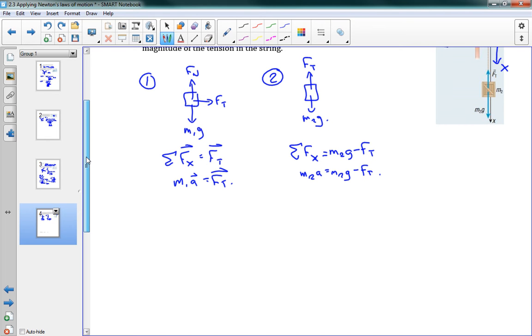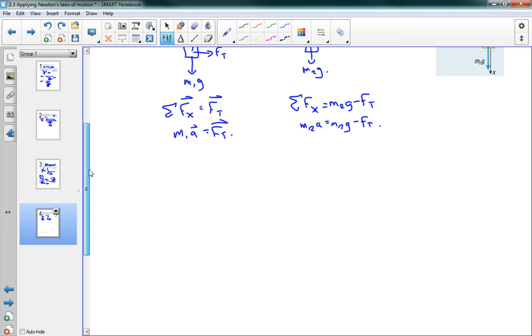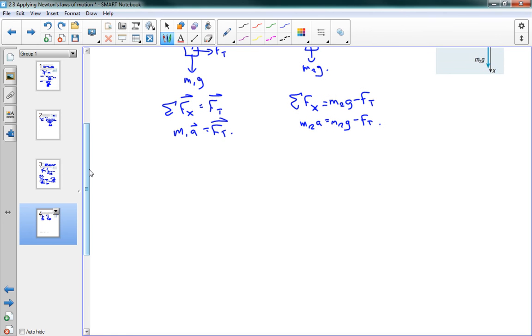I did all sorts of vector arrows here. I probably should have left those off. I'm just going to leave those off for the rest of the problem. But now you can see we have tension on the left. We have tension on the right. We can combine these two statements here. Actually, I'll just rearrange them first. I'm just going to solve this one to the right here.